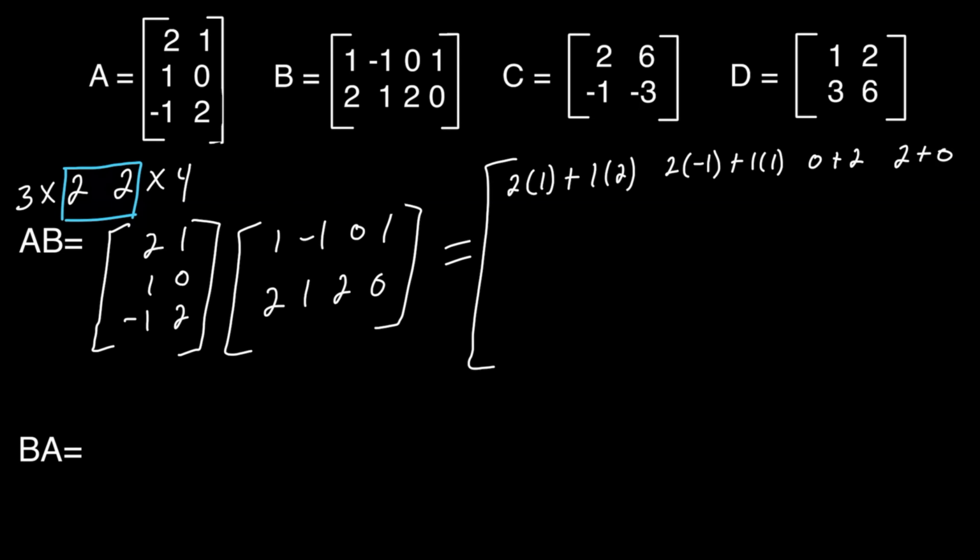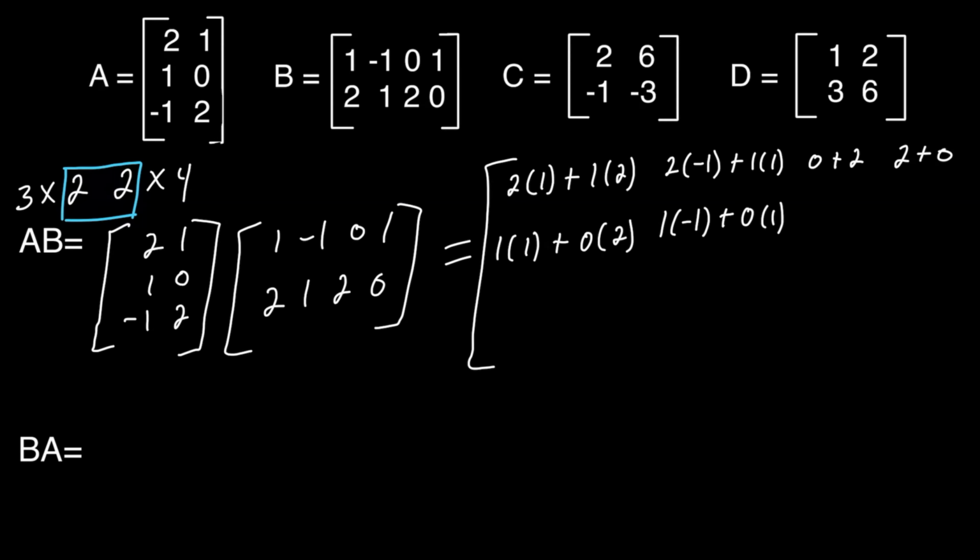So now I'm going to go 1. I'm going to do the first ones like this for you. So I'm going to go 1 times 1 plus 0 times 2. Then I'm going to go 1 times negative 1 plus 0 times 1.